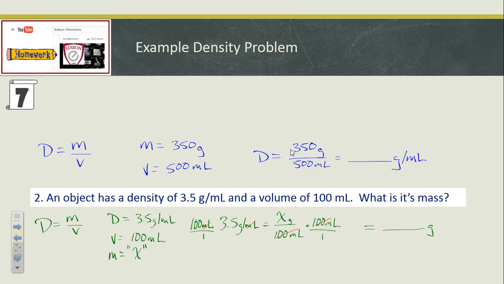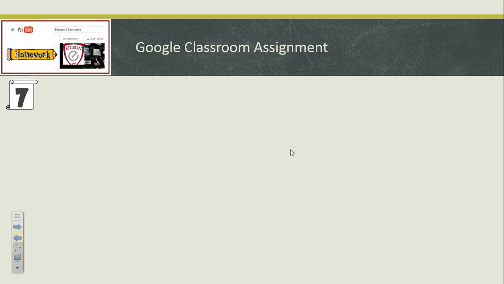So your final answer really is 3.5 times 100. Do it on a calculator, figure it out yourself, or move the decimal place. If you know your math tricks, you're good to go. So that's how you can calculate density and or use density to find out an unknown quantity in an algebraic fashion.